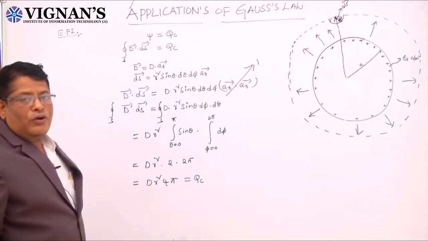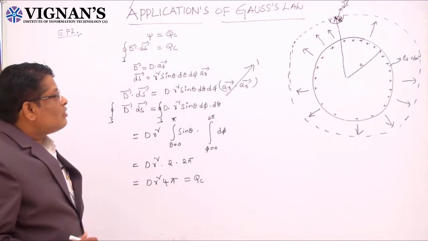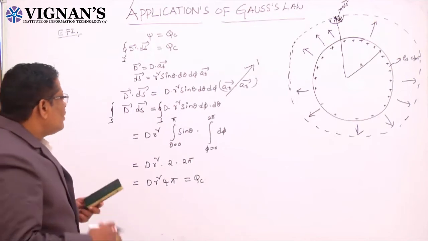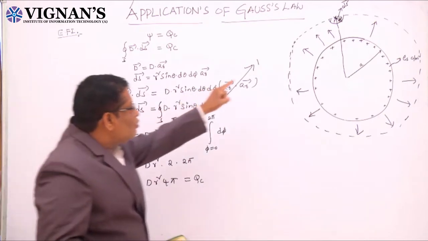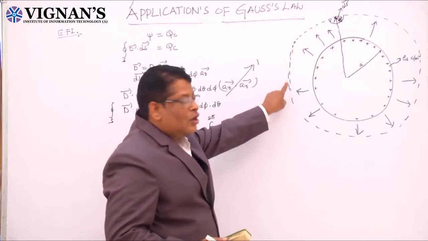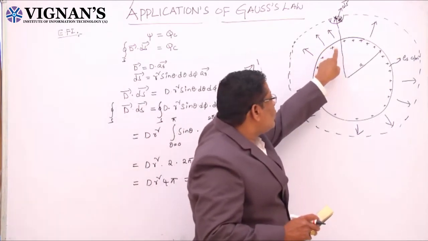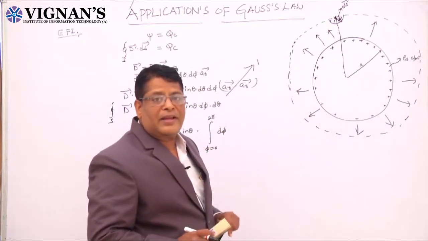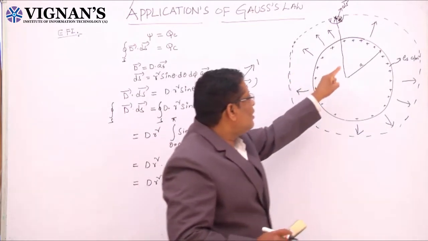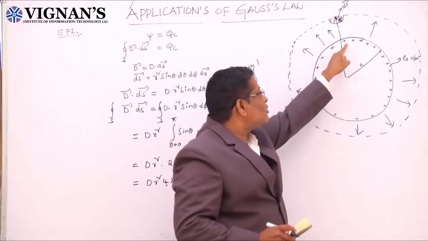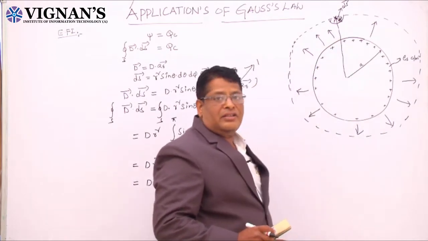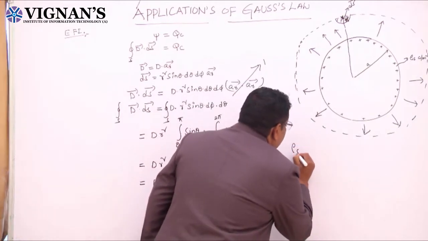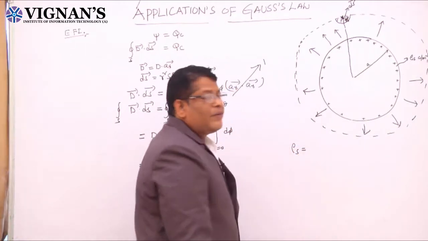Now we are going to find out how much charge is enclosed by the Gaussian surface. See here, how much charge is enclosed by this Gaussian surface means how much charge is there on this surface. The charge density on this shell is rho s, the surface charge density.